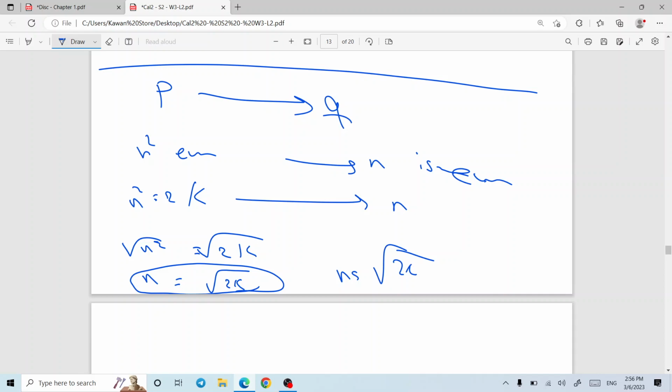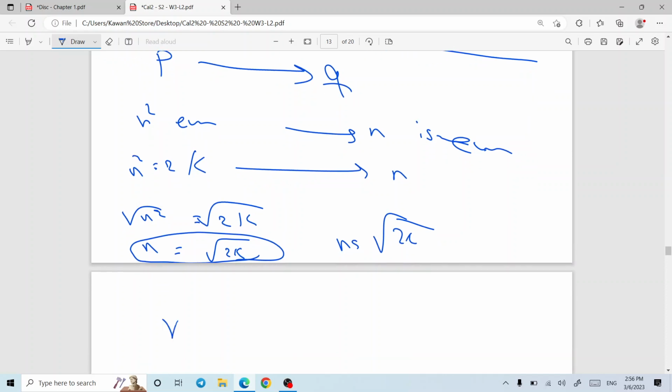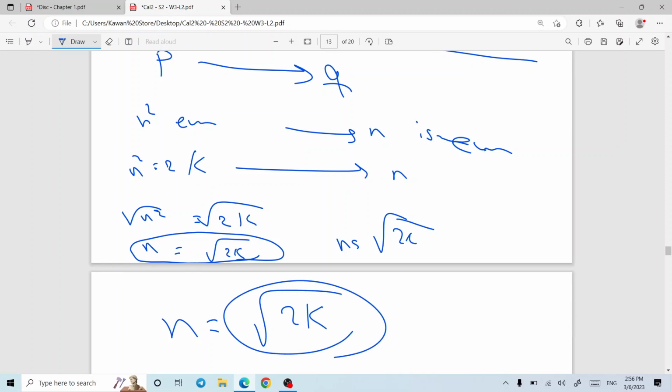You cannot solve by direct. If I solve by the direct method, I will get N equal to the square root of 2K, which is not helpful. It does not give you any clue. That's why I am not going to use the direct method. I'm going to use the contrapositive, and we got it. Understood?